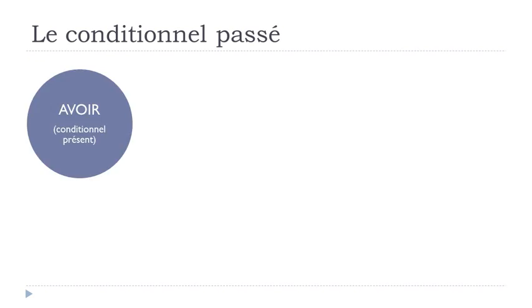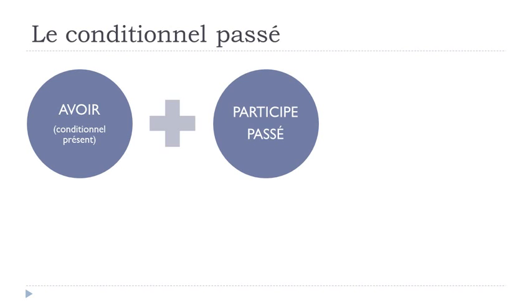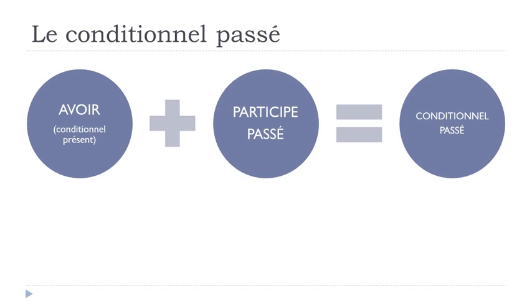Okay? All right, so the last thing that you should remember before ending this lesson is that when you construct this conditionnel passé, in most cases you will have to use avoir at the conditional present form, then the participe passé, and it will give you the conditionnel passé.